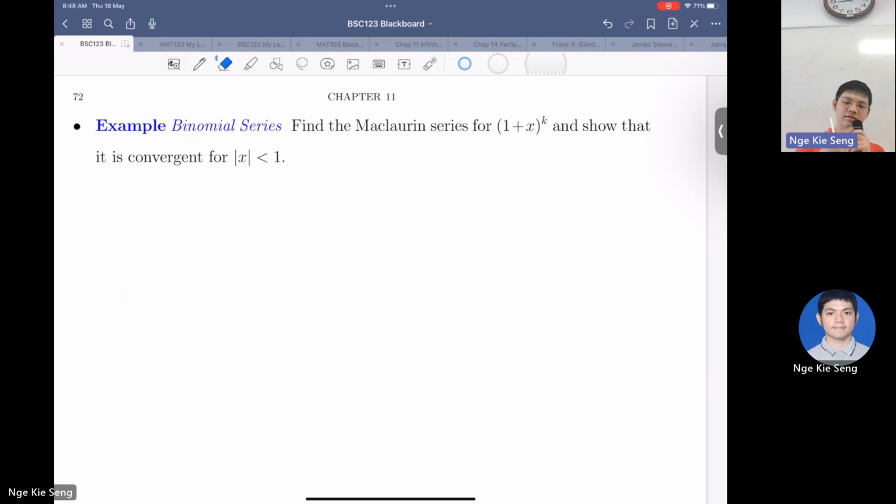So the Maclaurin series is centered at 0. I'll let you try this first, see if you can figure out anything. Let you try. Oh, very clever, you. Good, very good.